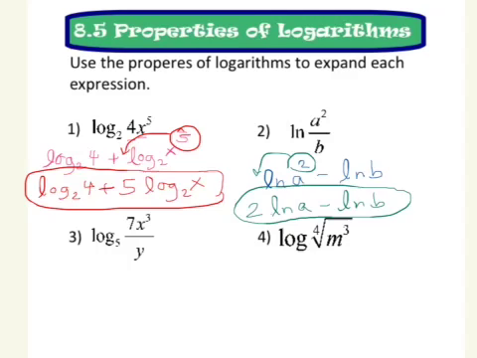So number 3, I can expand this one into log base 5 of 7x cubed minus log base 5 of y. And then I also have some multiplication here, so I'm going to split that up and turn that into some addition.